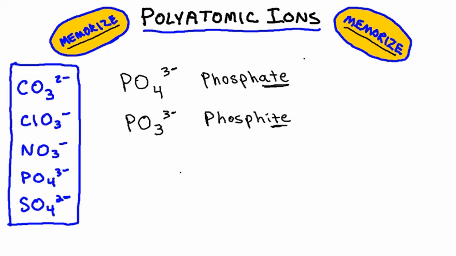So see, it just all depends on where your ate is at. It all depends on how many oxygens the element has in order to be called an ate at the end of the word. In this case, phosphorus has 4 oxygens with it, and that's what makes it be called phosphate. So, as we said before, nitrogen only has 3 oxygens at the end of it, and that's nitrate.